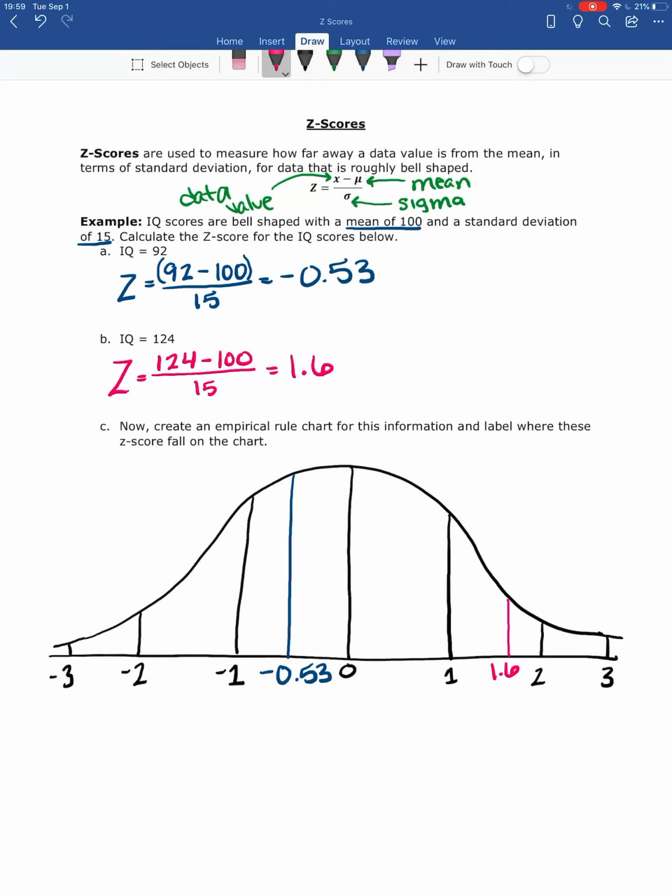It's 1.6 standard deviations above the mean. So this is what a z-score is. This is what it tells us. And this is how we would label where they fall on a bell curve using a general empirical rule guide.